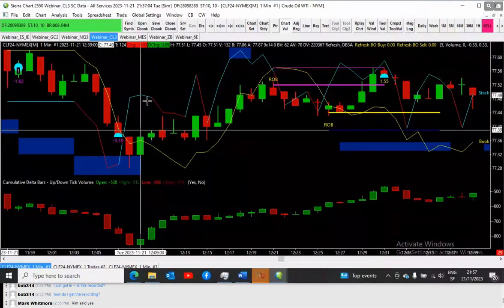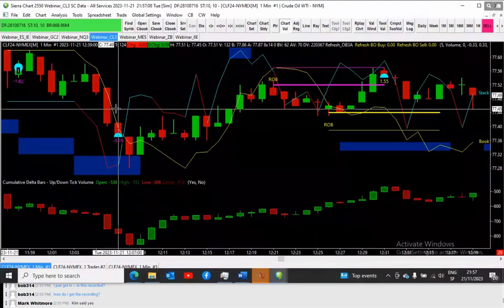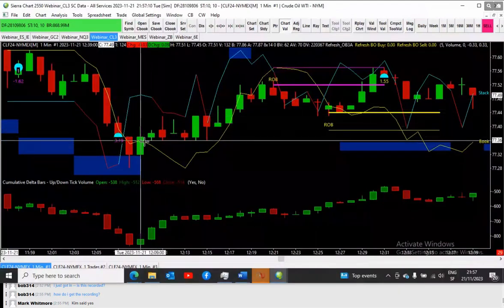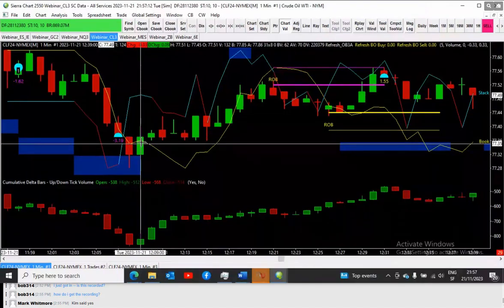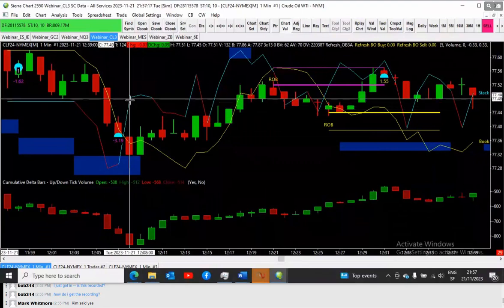You can see that we get some divergence occasionally where the activity near to the current price is still bearish, but on a wider view, it's changing to bullish.